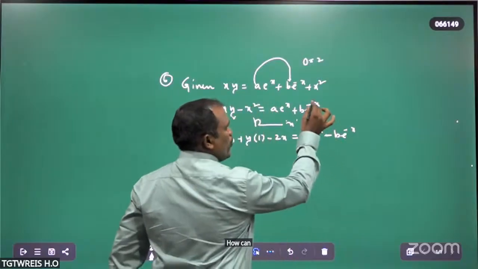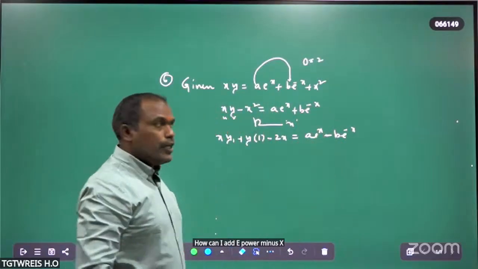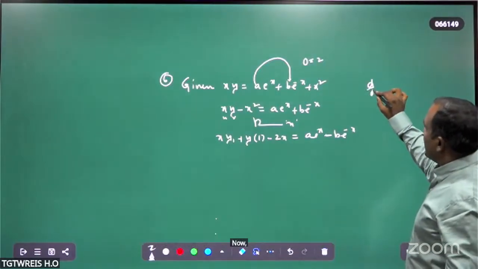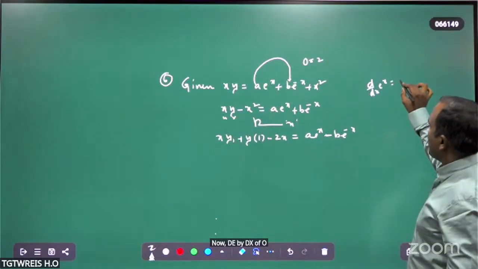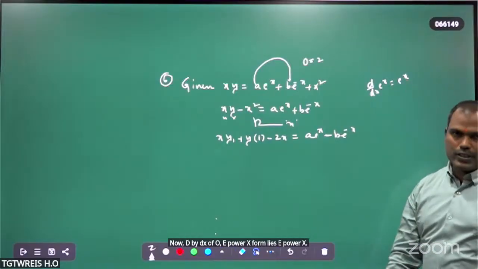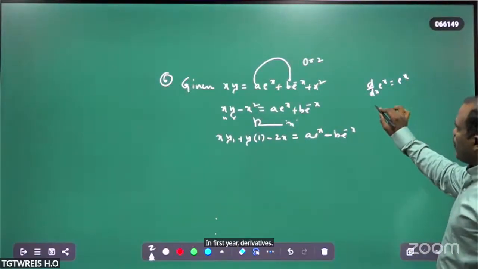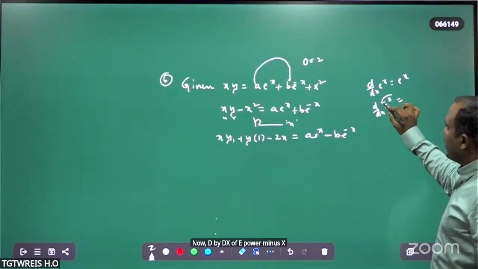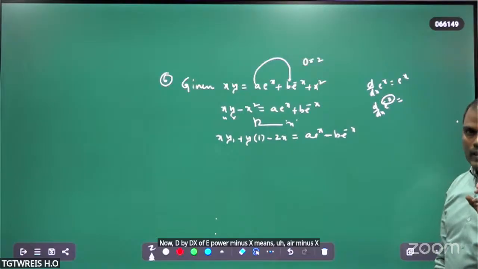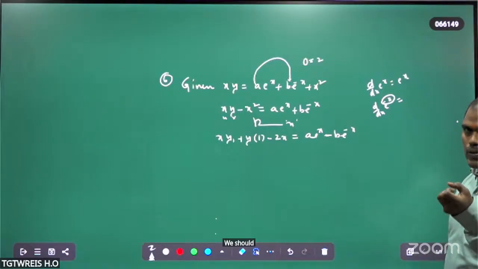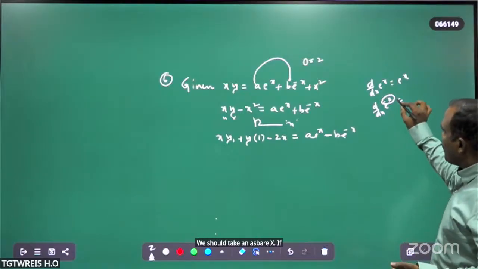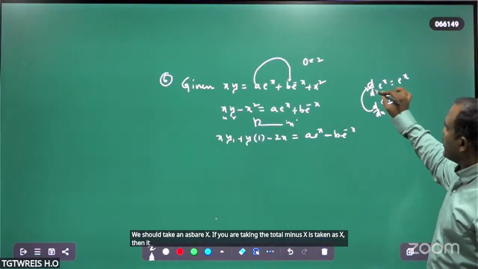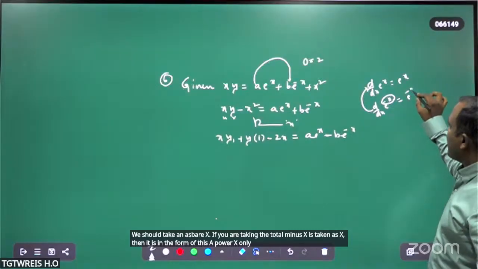How do I write the derivative of e power minus x? Listen carefully. d by dx of e power x is e power x in the first derivative. Now for d by dx of e power minus x, we consider minus x as x, so it is in the form of e power x, e power minus x.